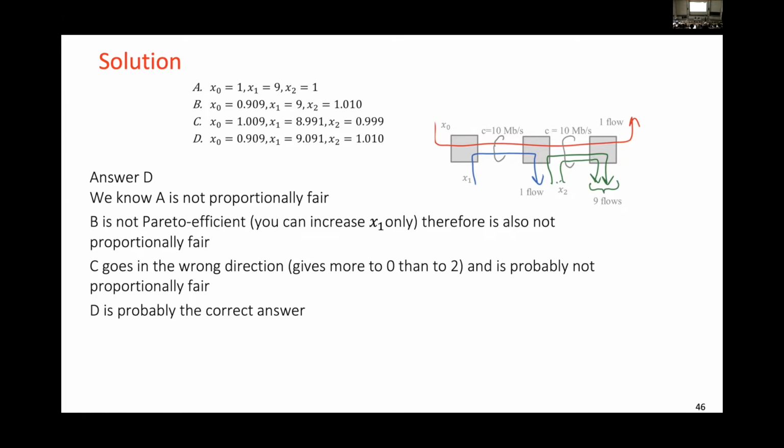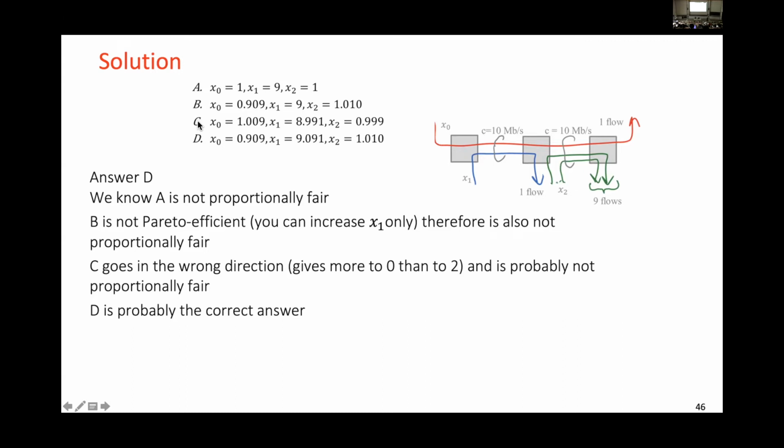Because this link here is not saturated. This blue flow does not have a bottleneck. Therefore, I can improve this allocation unilaterally. I can give more to x1 while not impacting the others. Therefore, it's not Pareto efficient and it cannot be a proportionally fair allocation either.